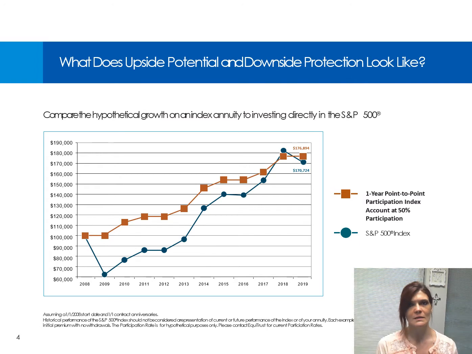The problem with losses is if you lose 50%, you have to have 100% gain on that money to get back up to even. The way an indexed annuity works is when the market goes down, as you can see there in 2009, the indexed annuity didn't show any gains, but it did not participate in the losses either. Their account just stayed level.